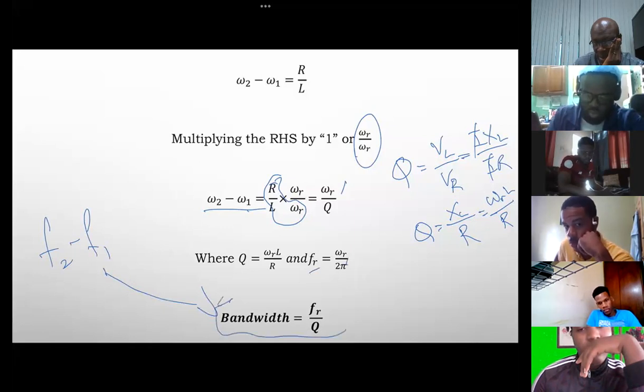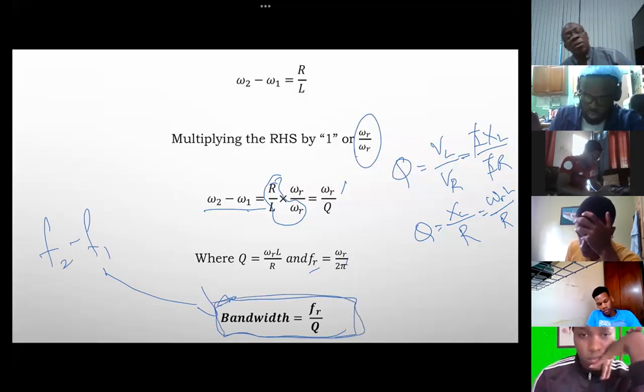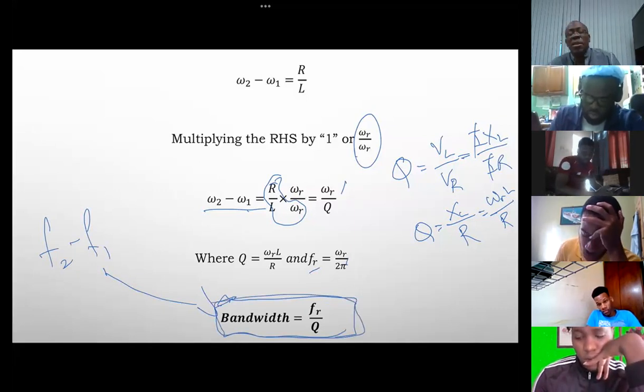So the next formula we just found was that the bandwidth is equal to the resonant frequency divided by the quality factor.